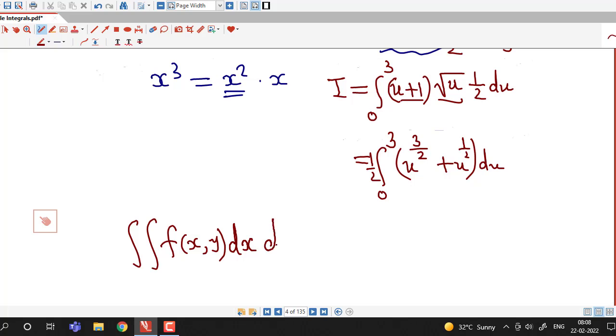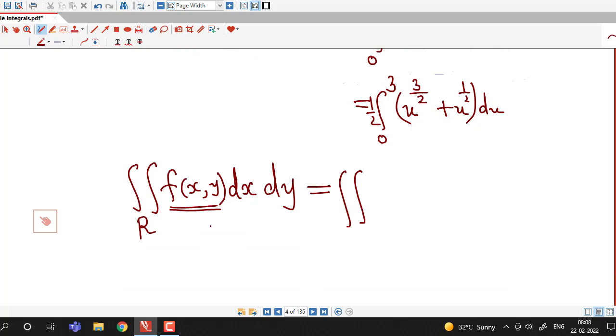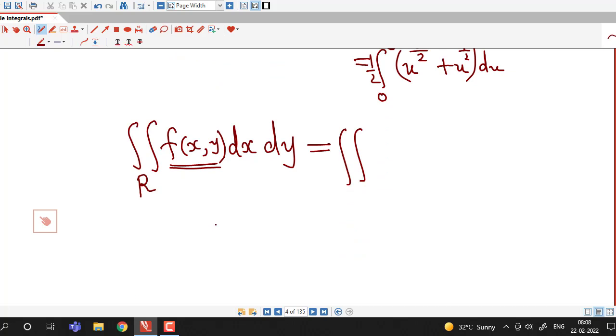Suppose I have a double integral of a function of two variables over some region R. Suppose I am not able to integrate this function in terms of variables x and y, but by applying some transformation I can change these to new variables, and in the new variables I can easily integrate this function.